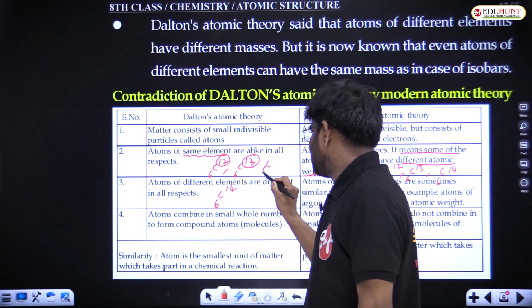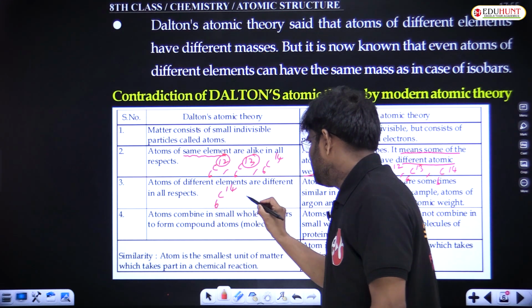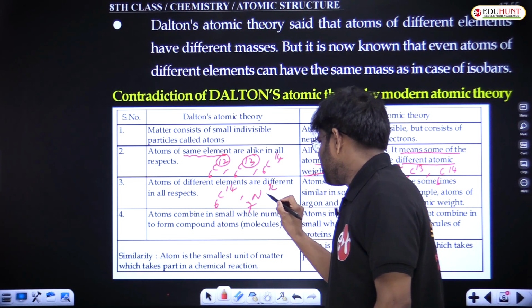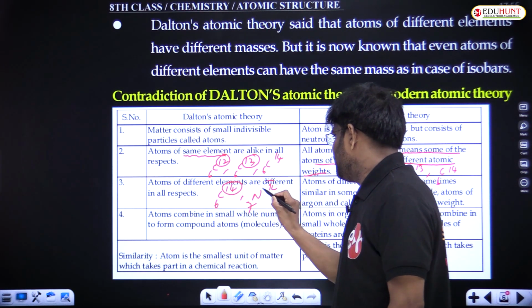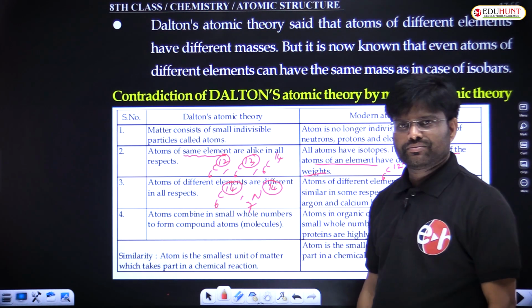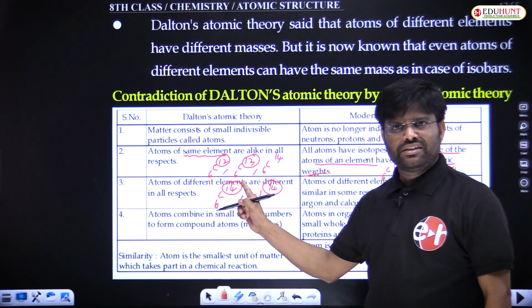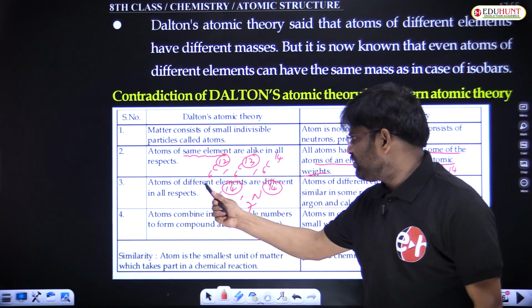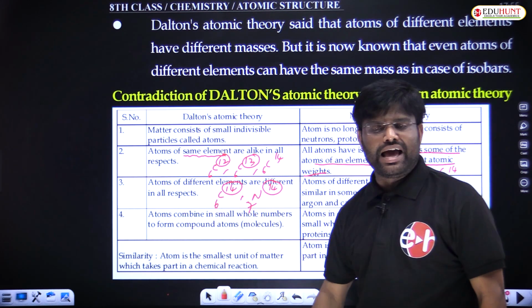Here I am taking carbon-14 (C 6,14) and nitrogen-14 (N 7,14). This is an isobar. The mass number is the same, but Dalton says atoms of different elements differ in all aspects.